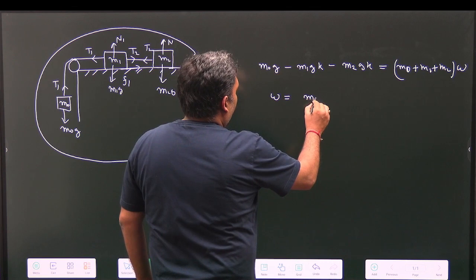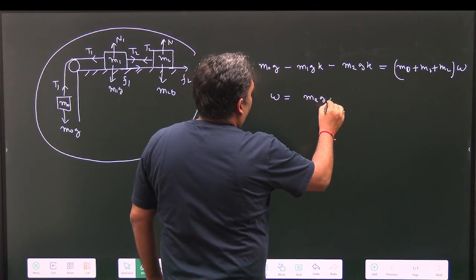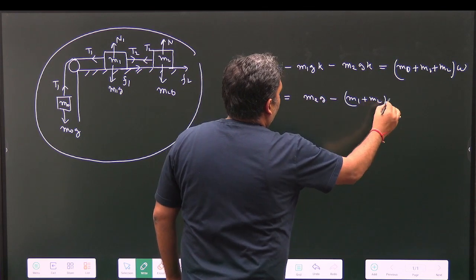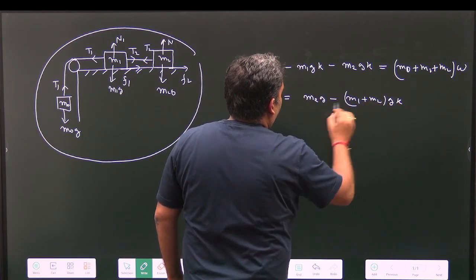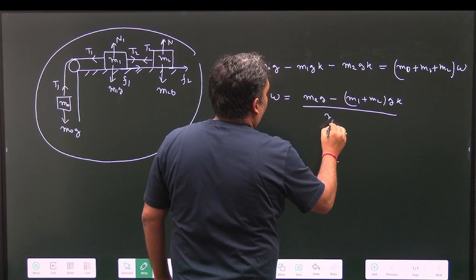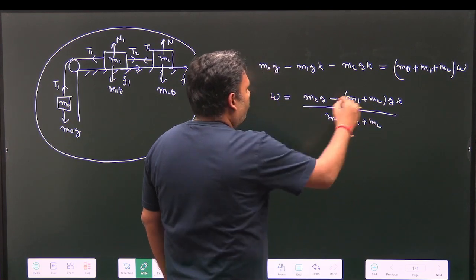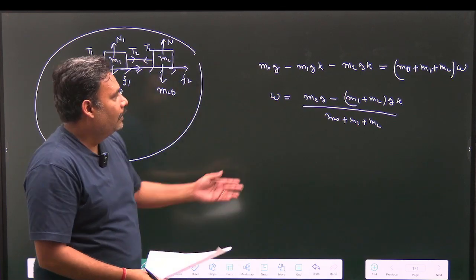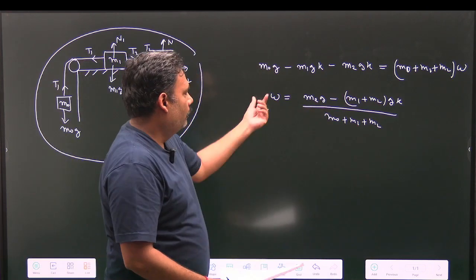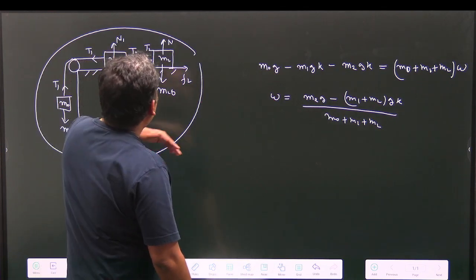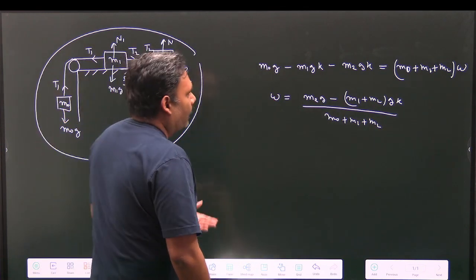That value is equal to m0 g minus m1 plus m2 g into k, divided by m0 plus m1 plus m2. So this will be our first result, the acceleration of m0. The acceleration of m0 is actually the acceleration of the combined body.